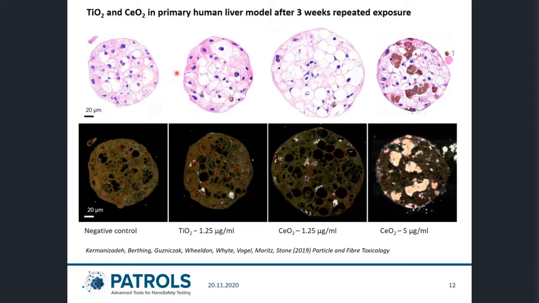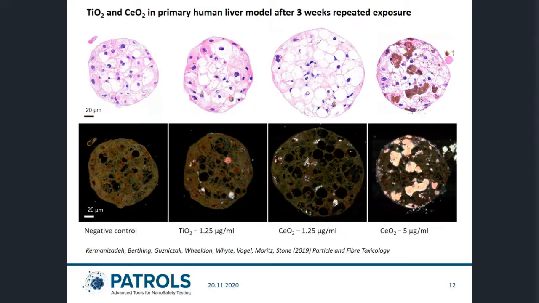And in petrols, these small spheroids have been exposed for 3 weeks to titanium dioxide and cerium dioxide. And in the study, we were curious if we exposed these spheres to nanomaterials, if they would simply only touch the outer surface of these spheres.